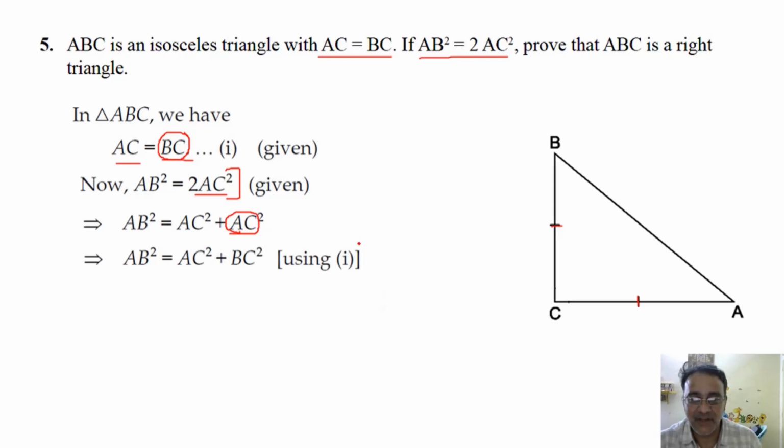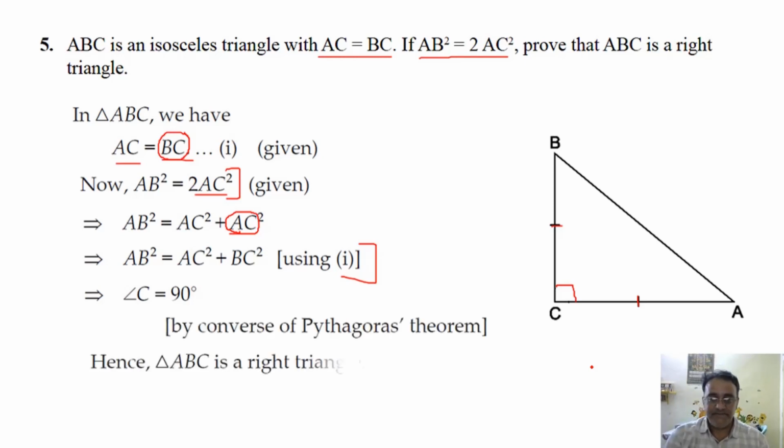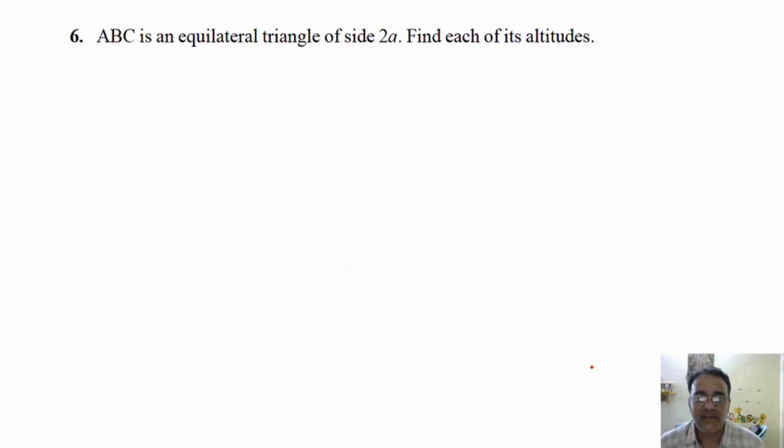Now if you use the converse of Pythagoras theorem, the angle opposite to the longest side, that is AB, is angle C. Angle C is equal to 90 degree. Okay, so ABC is a right triangle. Any doubt? No, sir. Okay, next question.